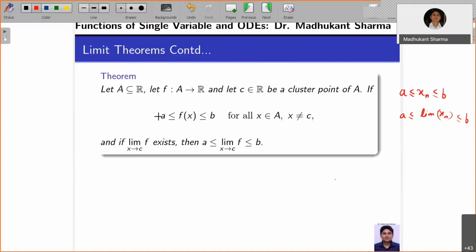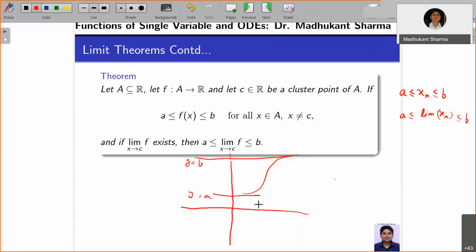Now if this holds, f of x lies inside the closed interval a to b. The situation is like you have the function, and suppose this is y equals a, and this is y equals b.